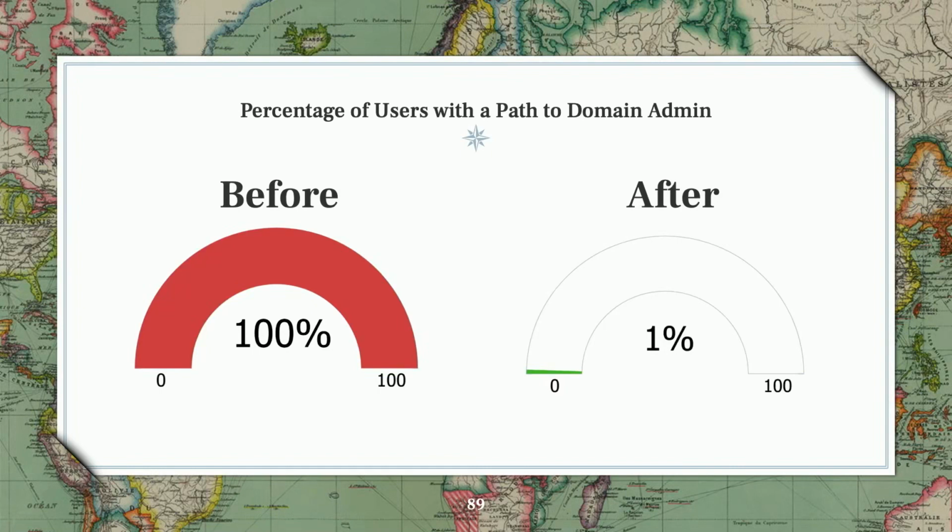You can whittle this down so that your attack surface is reduced all the way down to 1% or less than 1% of the users in the directory being able to take control of a domain admin. Sometimes we can't get this number this low. I think the worst that we've done so far is being able to take it down to about 6%, which is still pretty good.